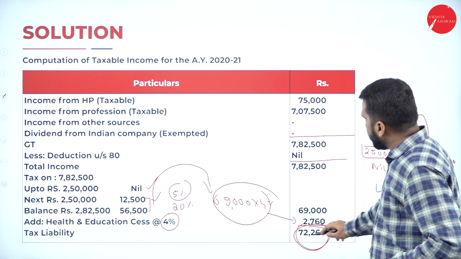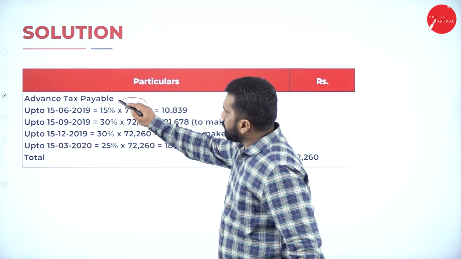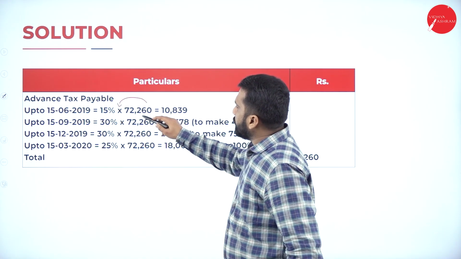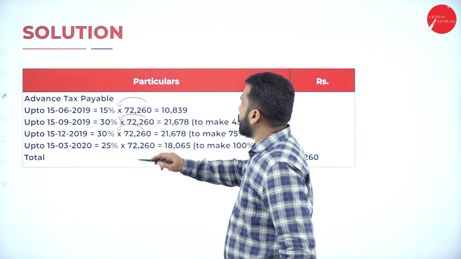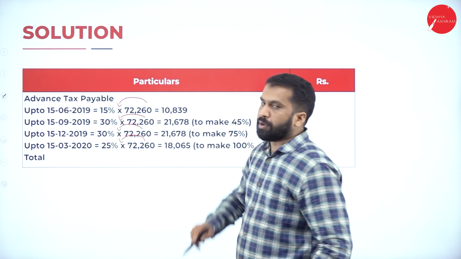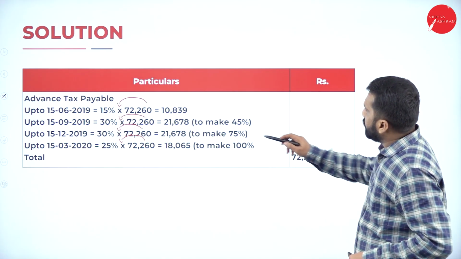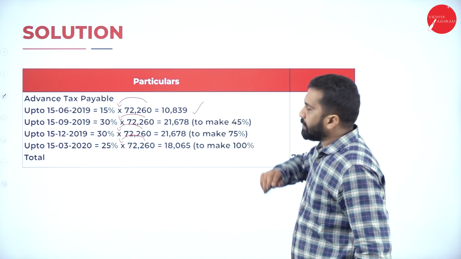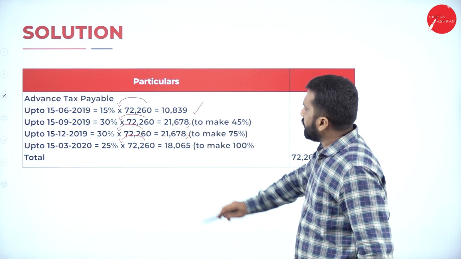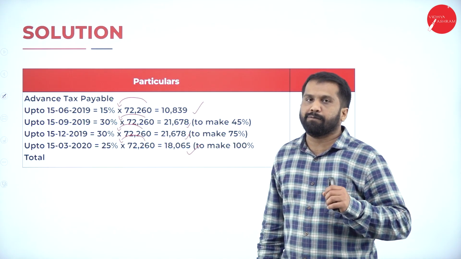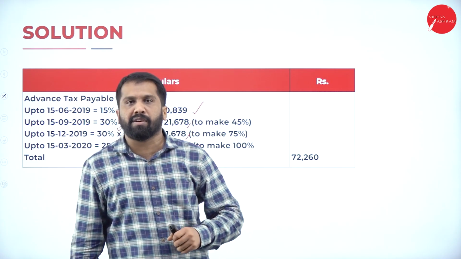No. So take 72,260. 72,260 multiplied with 15%, 30%, 30%, 25%. If you calculate, you will get your installments 10,839, 21,678, 21,678, 18,065. These are your calculations for advance tax.